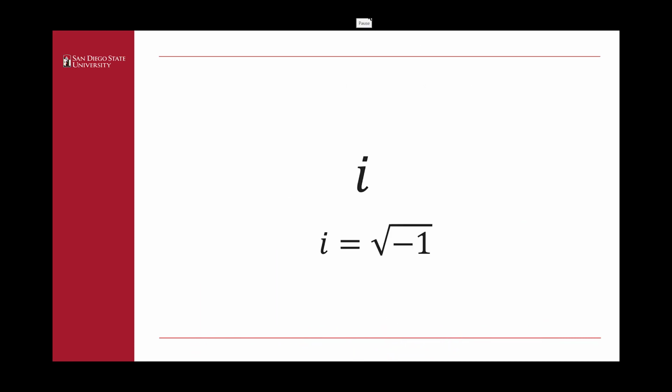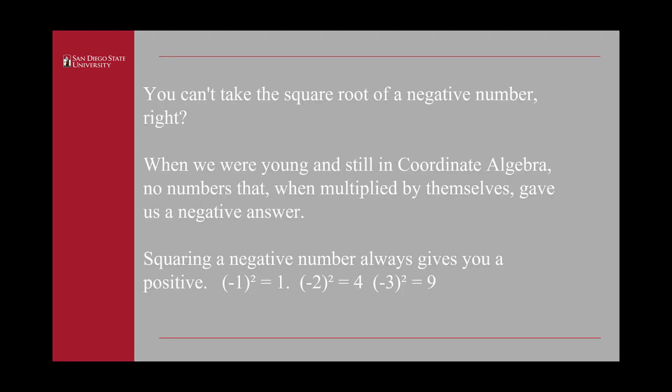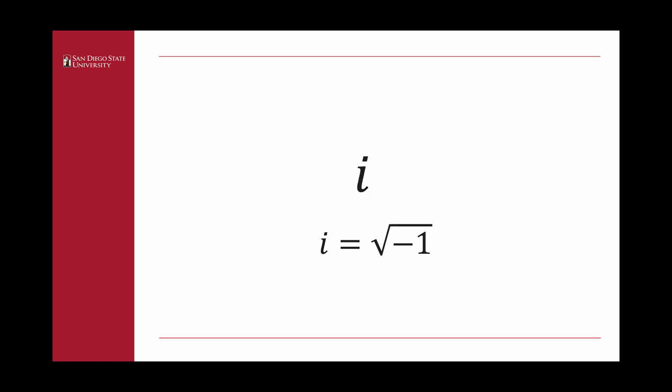The answer is both yes and no, and depends on your set of numbers. In the very large and inclusive set of complex numbers, our answer is yes, and this is the number i.